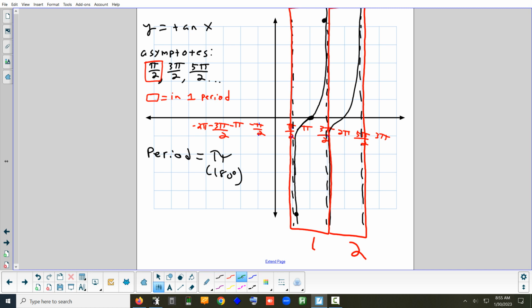So if we say, well, let's start with 2. Let's label these asymptotes. This is asymptote 1. This is asymptote 2. That's asymptote 3. So you're saying asymptotes 1 and 2 would belong to box 1. So then what belongs to box 2? Just 3.